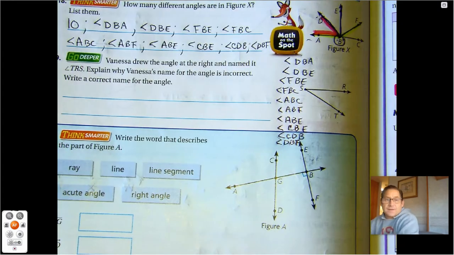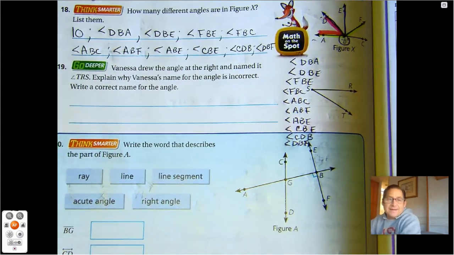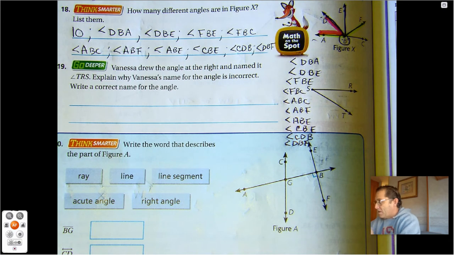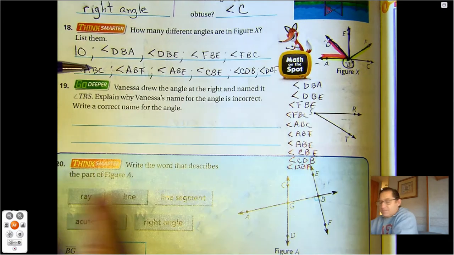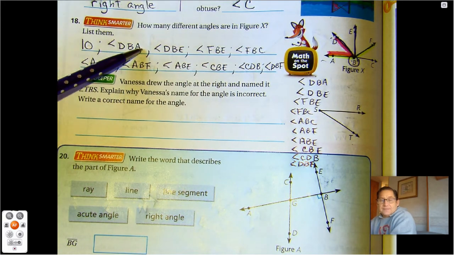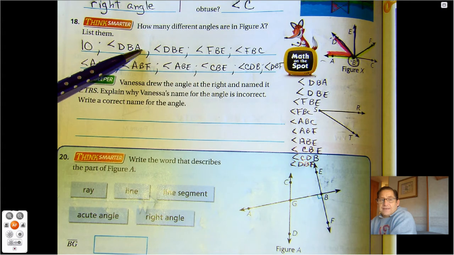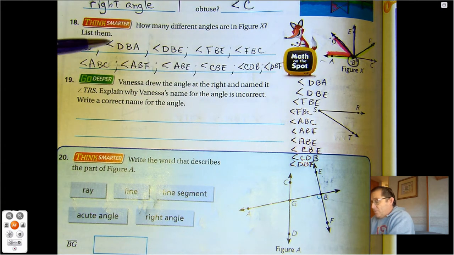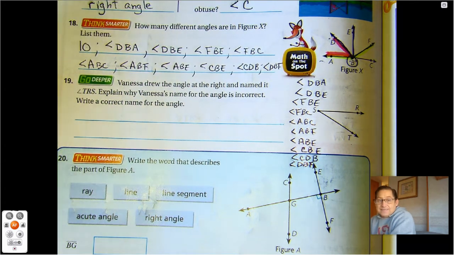19. Vanessa drew the angle at the right and named it angle TRS. Explain why Vanessa's name for the angle is incorrect. Write a correct name for the angle. Okay, one more note on 18 first. Because I call this angle DBA, that doesn't mean it's wrong if you said angle ABD.